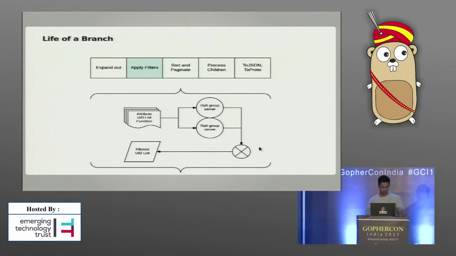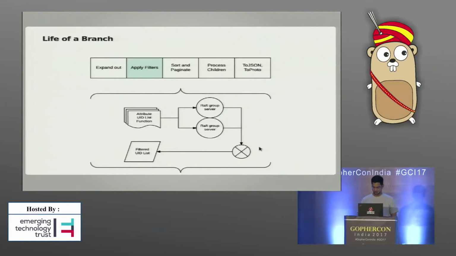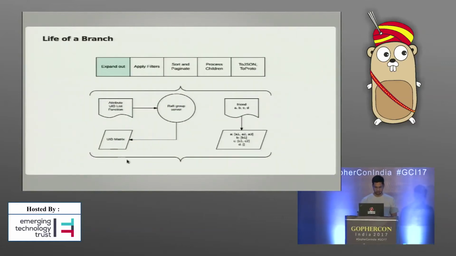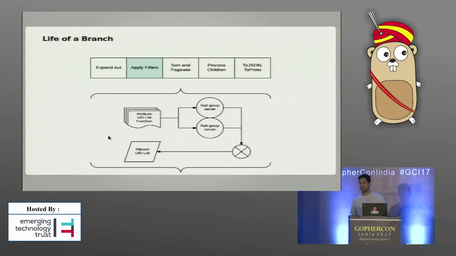Then we do filtering. So we merge the UID matrix that we had received from before. This is the UID matrix I was talking about. We merge it into a UID list. And then we repeat the expansion process for filters, this time using filter attributes. So you might be filtering by, let's say, date of birth. So we'll send it to the server which contains the predicate date of birth, and expand on that.